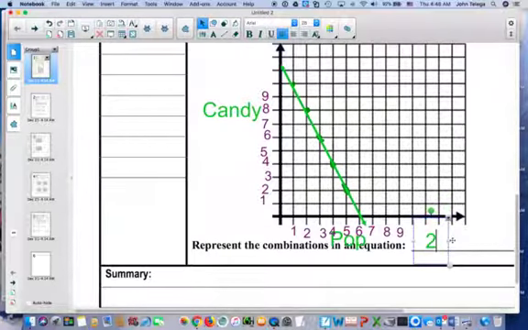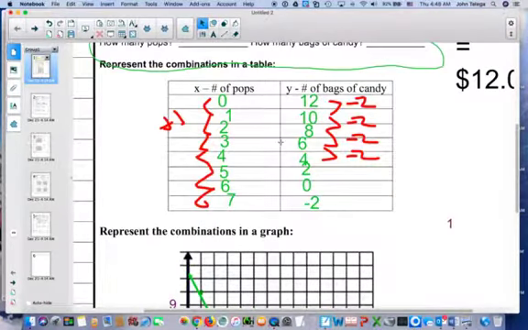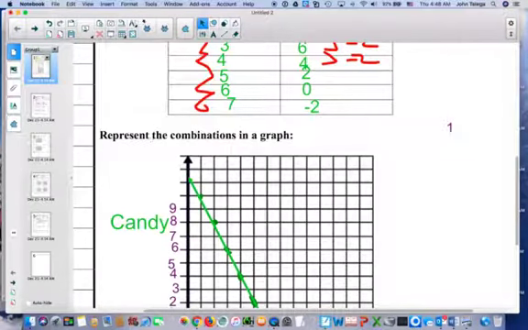So 2x plus 1y equals 12. Right? For every 2 x's, it equals 1 y. Right? That's what we figured out there. 2 x's equals 1 y. That's our linear equation. All right? Ta-da!